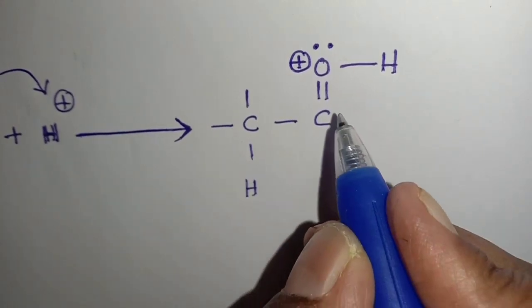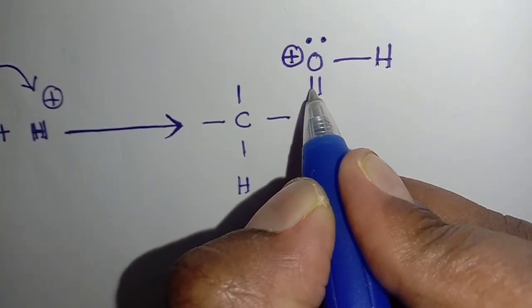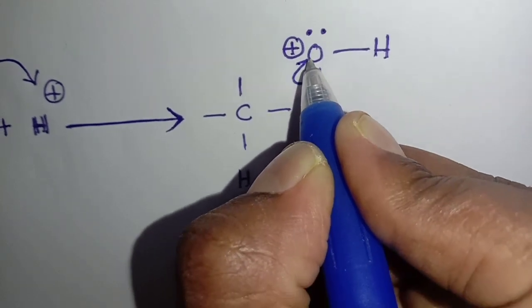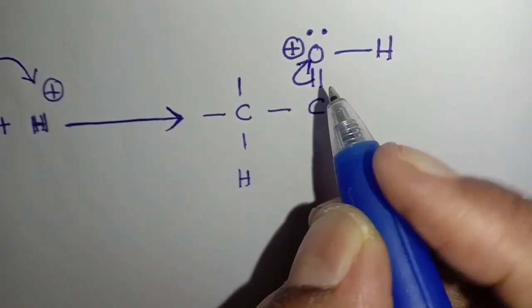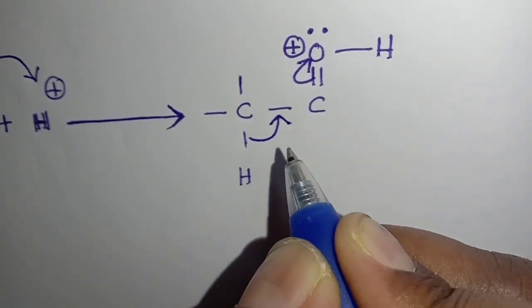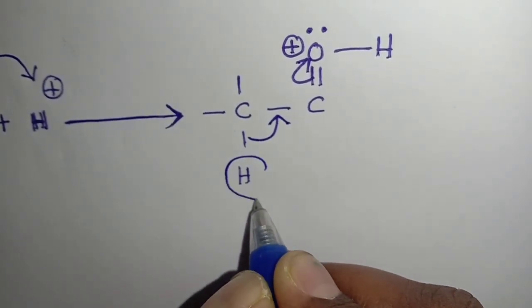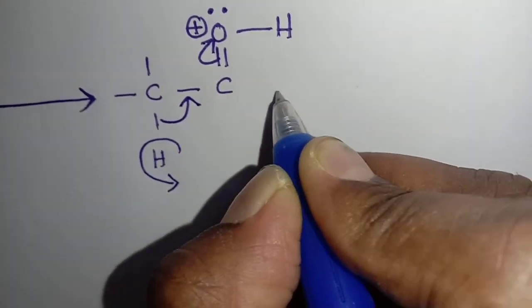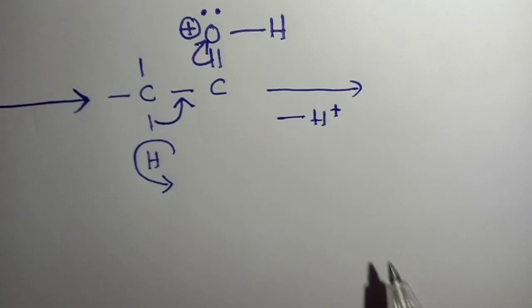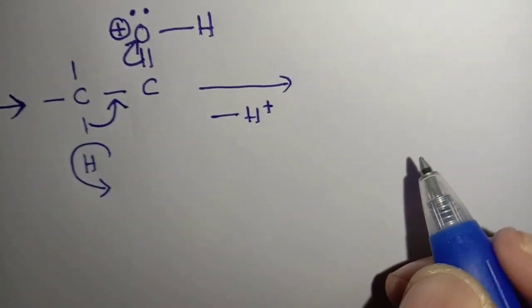How is this positive charge satisfied? These pi electrons are attracted by oxygen, and this bond is shifted in between carbon and carbon, and hydrogen comes out as H plus. So here I am writing minus H plus. What is forming?